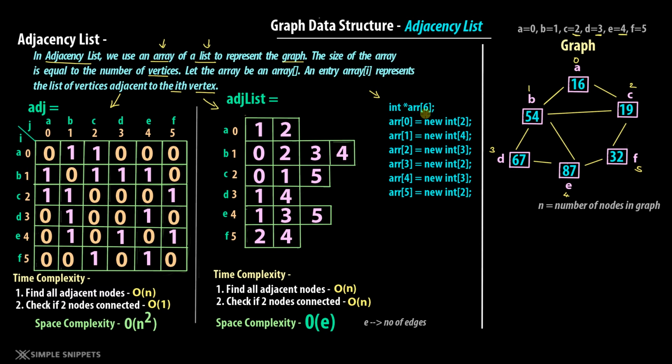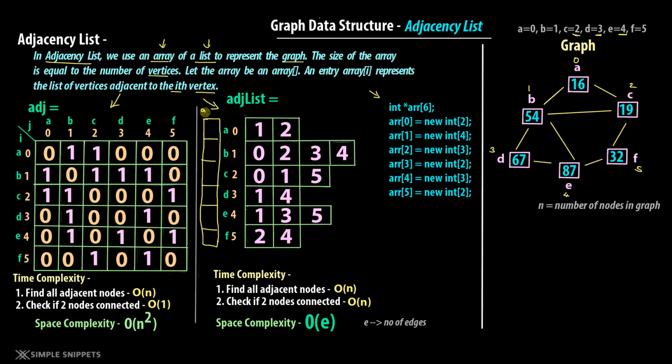So int star arr would create an array which will store integer pointers. Right now I'm storing integers, that is the int data type, because I'm assuming that the data we are storing inside each vertex is of integer type. It will of course be some class or some complex data type, but for simplicity I'm just taking int right now.